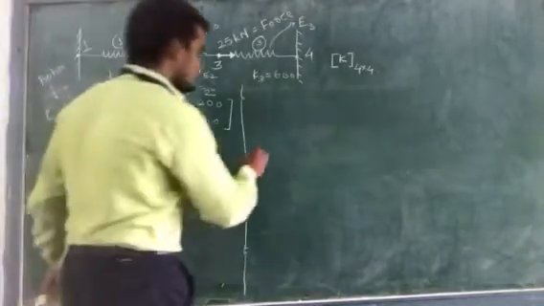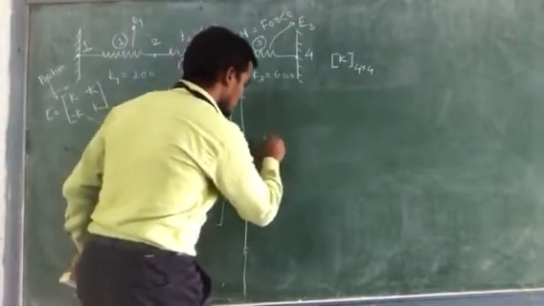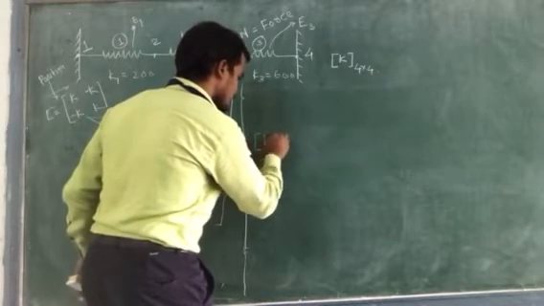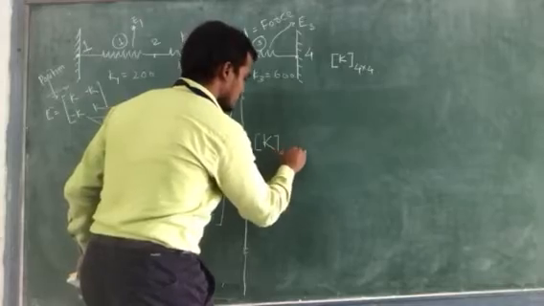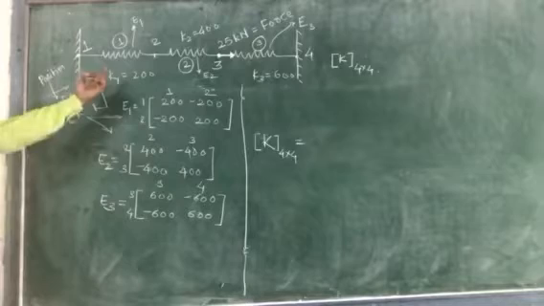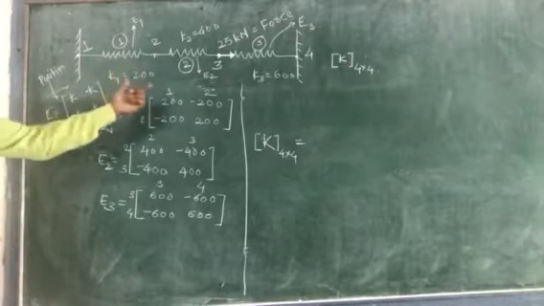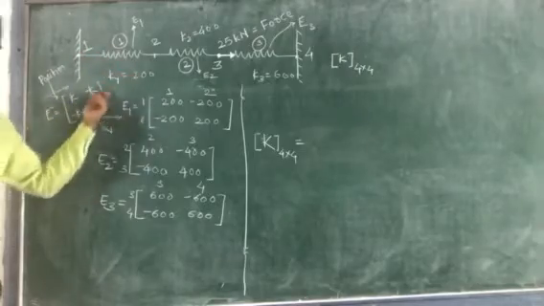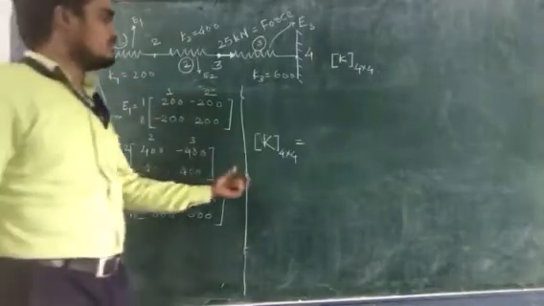The order of the global stiffness matrix is 4 by 4. Why 4 by 4? Because there are 4 nodes, so the order will be the number of nodes, 4 by 4.